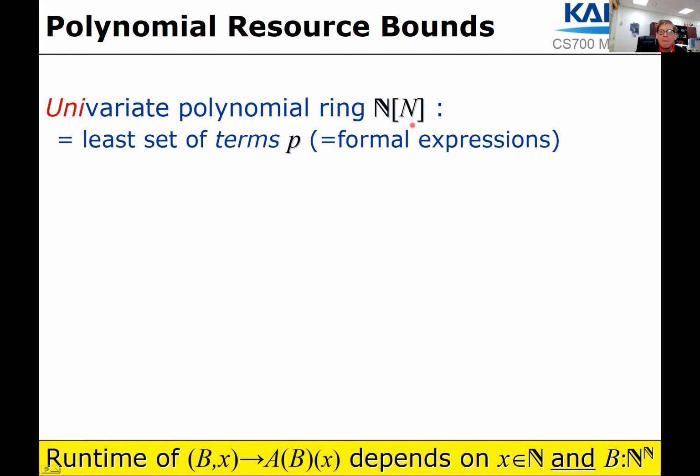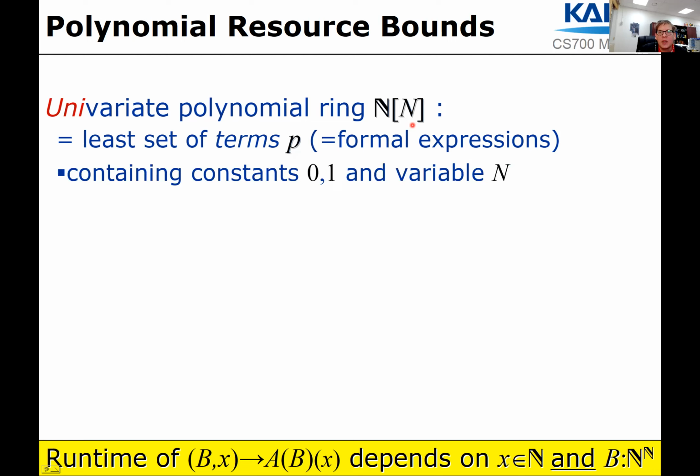And one way of defining the set of univariate polynomials in one variable over natural numbers is to look at it as the least set of terms, meaning formal expressions, which include the constants 0 and 1.